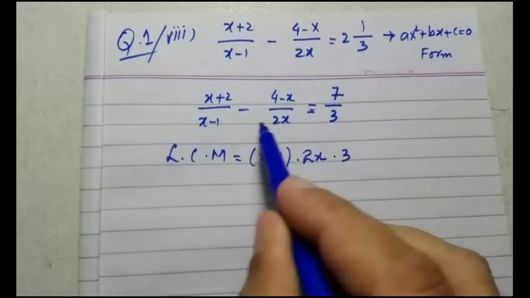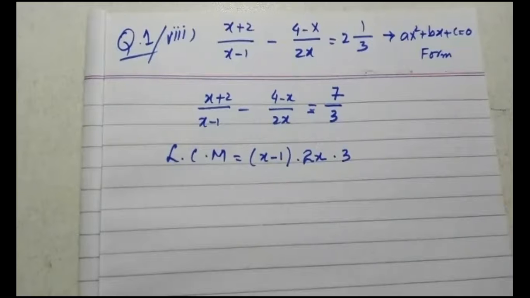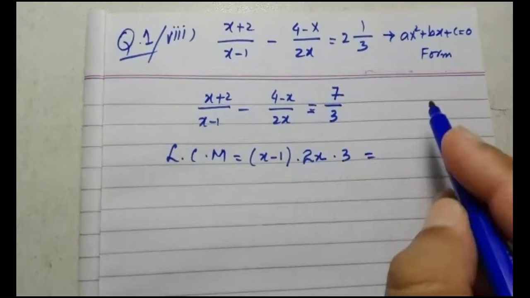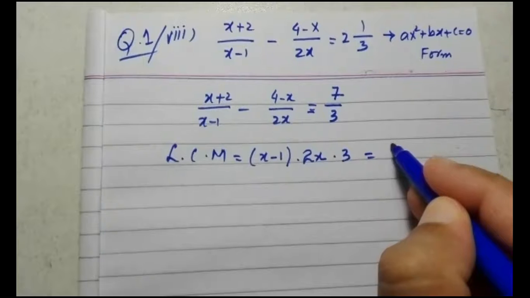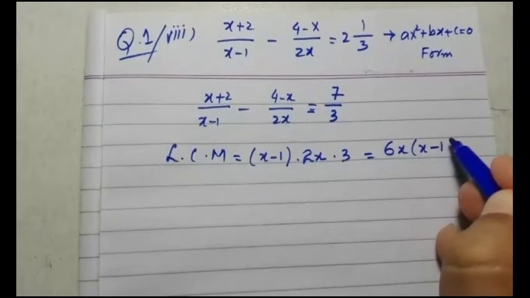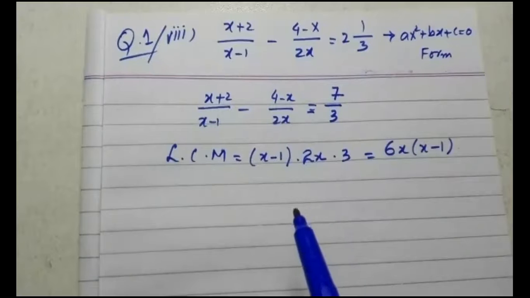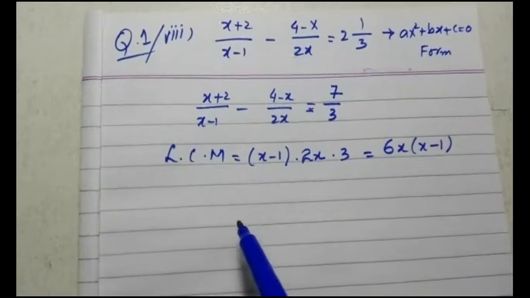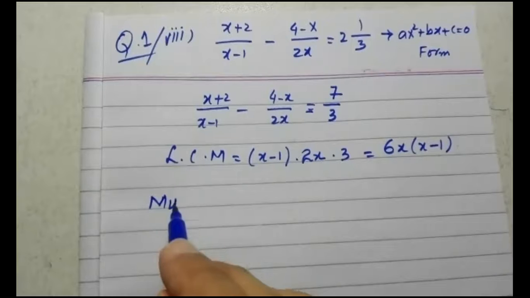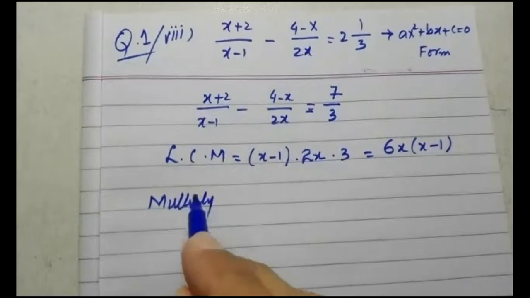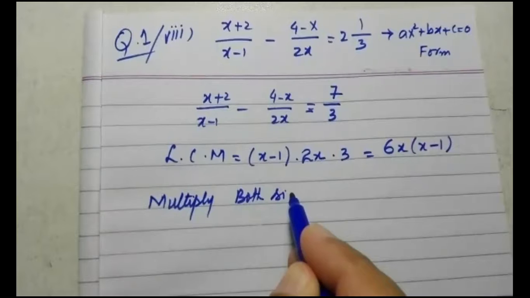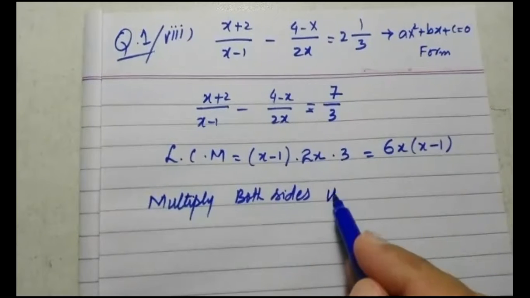These three denominators will give the LCM, so I would write 6 times x times (x - 1) as the LCM. So what I'm going to do is multiply both sides with the LCM.